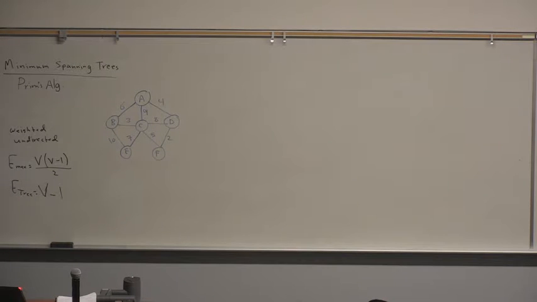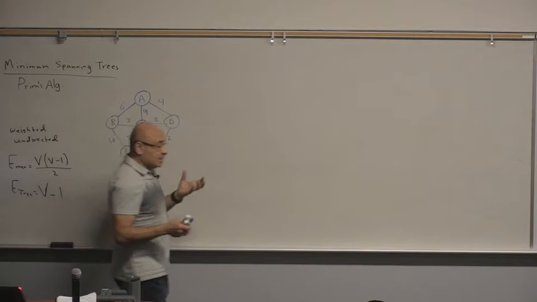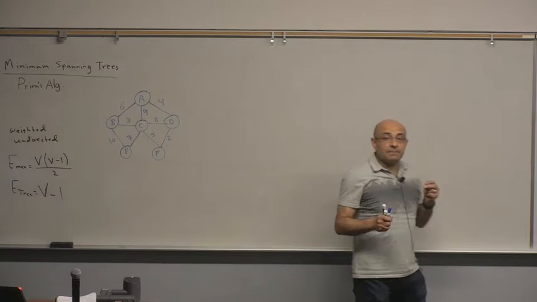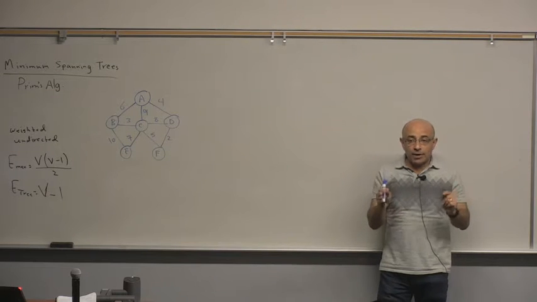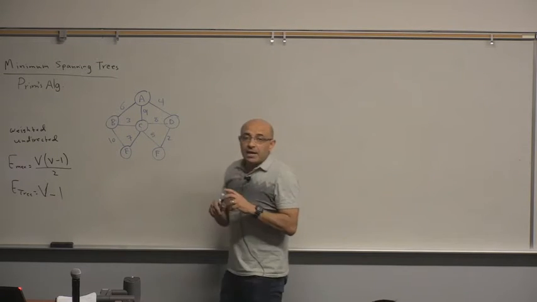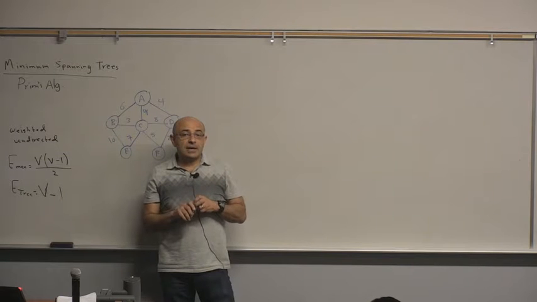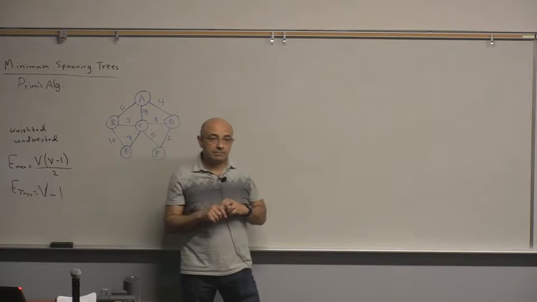So the minimum spanning tree problem is selecting v minus 1 out of the total number of edges, which can be up to v times v minus 1 divided by 2. So we want to select these edges such that all the vertices are connected and the sum of weights of the edges that we have selected is as small as possible. Okay?